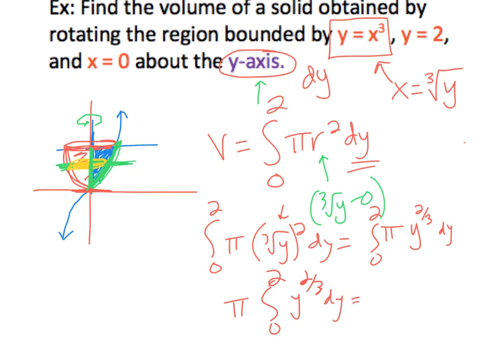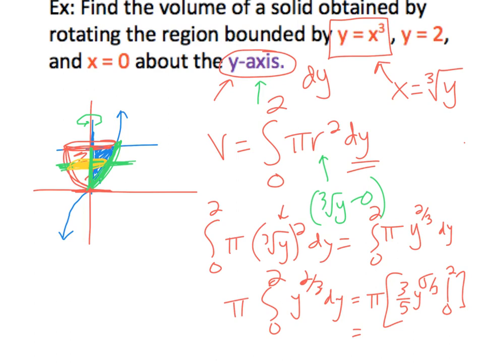And so we get pi, and then reverse power rule gives you 3/5 y to the 5/3, subbing in 0 and 2. At that stage you can get your answer by doing FTC Part 2 work there. So this is one where, like I said, it is with respect to y. We're going to take a look at a couple of those, and then we're going to move on to other lines here.